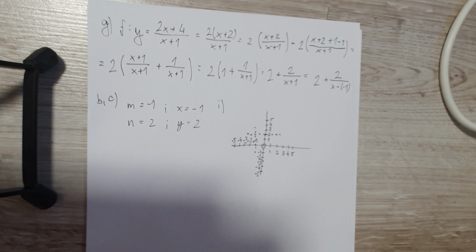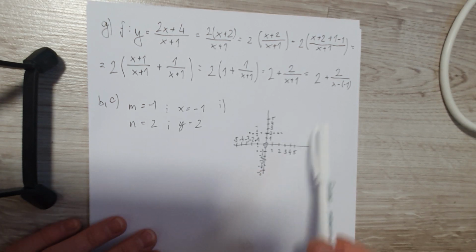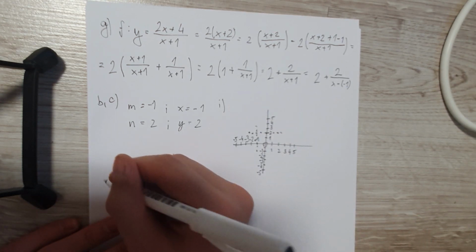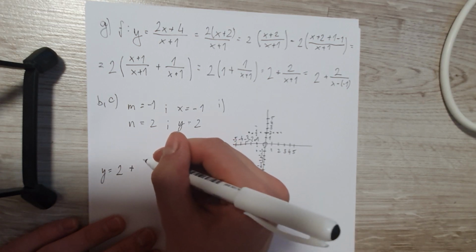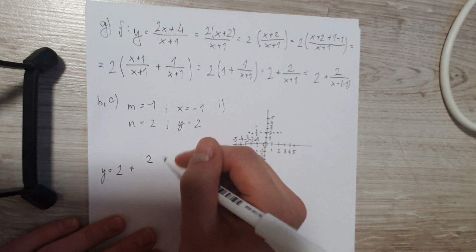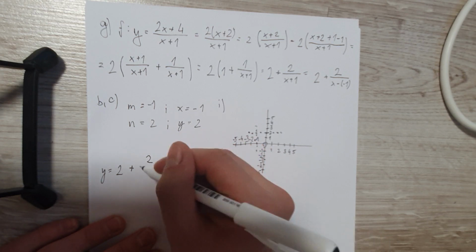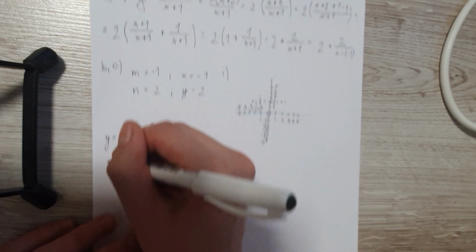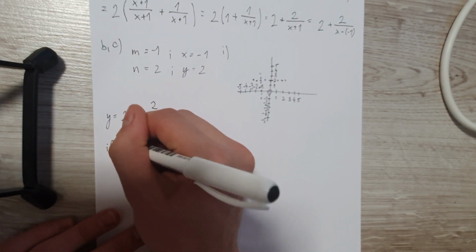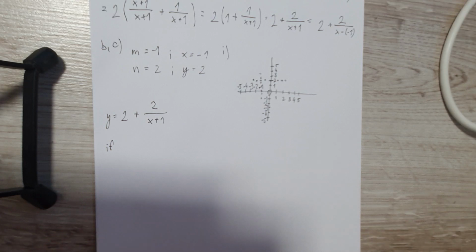I will first write myself the equation in this form, so it's like y is equal to 2 plus 2 over x plus 1, and I will choose some random x values from the graph so I can see how it behaves.